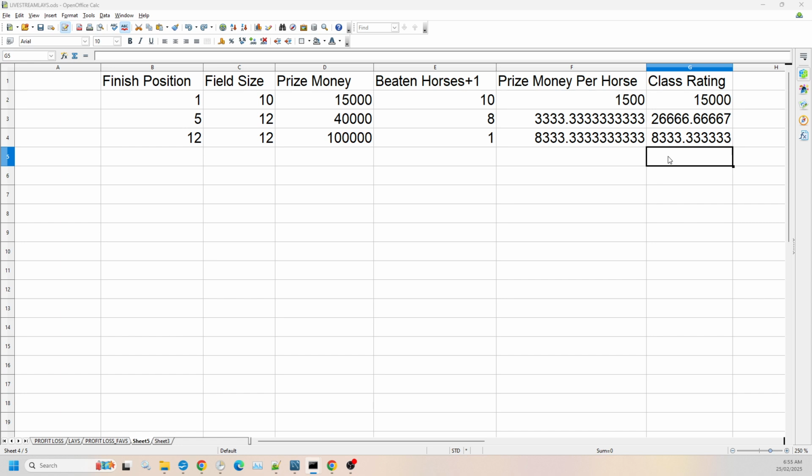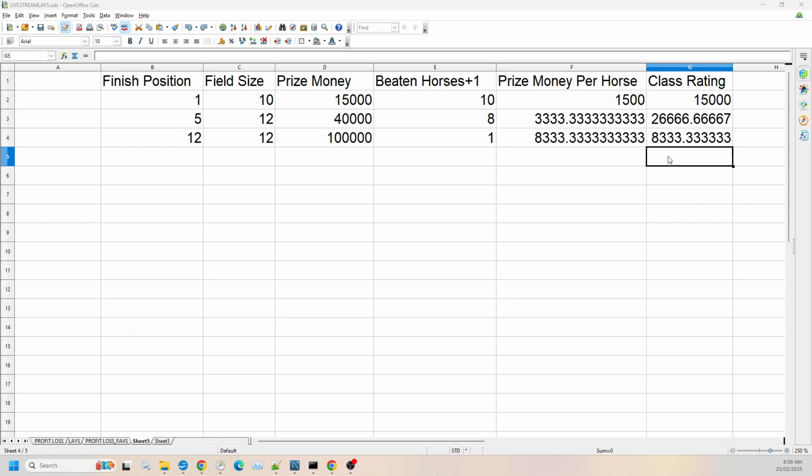Again, if you're automating this stuff, it's very hard, so you need to have ways of eliminating that, and I find reading the steward's report for that horse automatically and then interpreting some words in that generally will help you work out what class ratings not to use. Okay, so that's what I'm using to work out the class. Hopefully that gives you a bit of an insight to how that works.